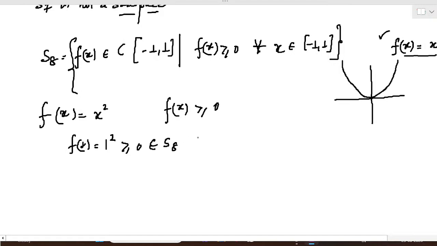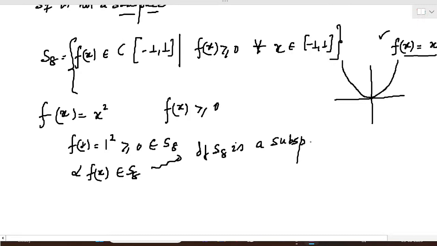Now if there is an element in S8, then its scalar multiplication should also belong to S8. If S8 is a subspace, then the scalar multiple alpha f(x) should also belong to S8, provided f(x) belongs to S8.